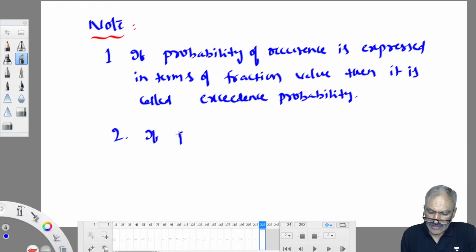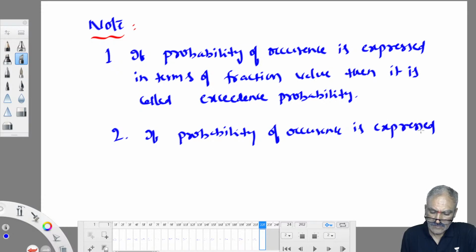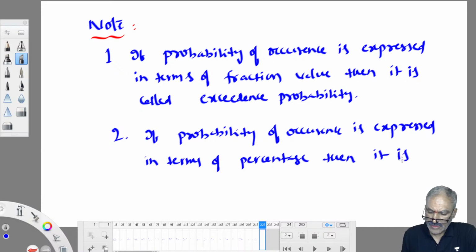If probability of occurrence is expressed in terms of percentage, then it is called chance percentage.